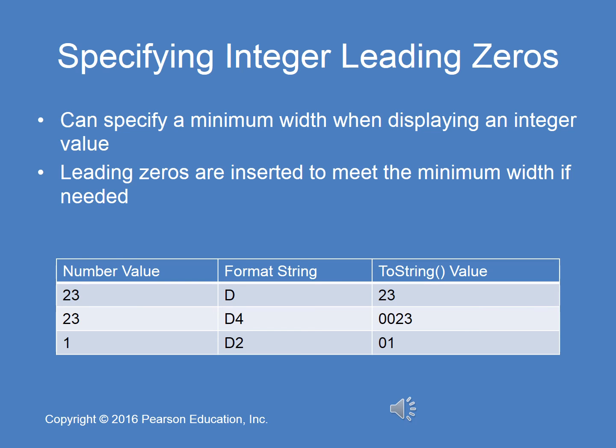If you just add a D after the format string, you'll get 23. If you add D4, you'll get 0023. If you add D2 to the literal 1, you'll get 01, etc. Pretty simple.